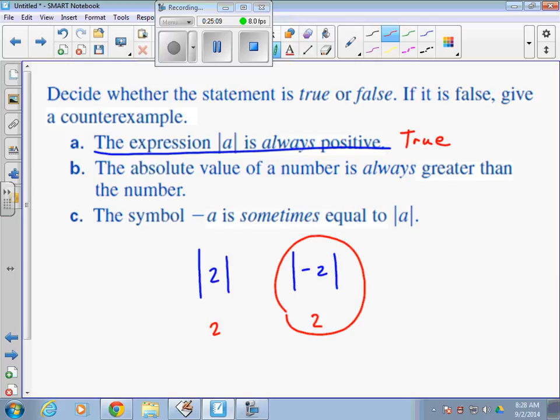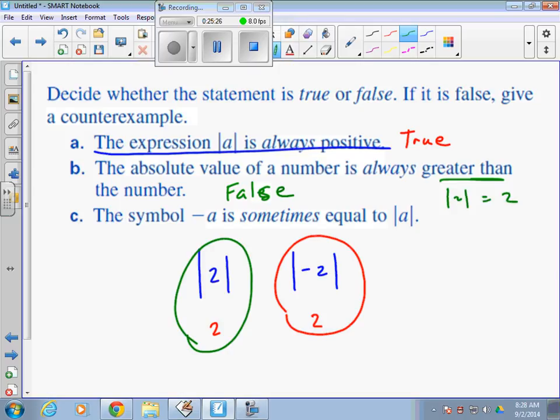So it would be true for the one I have circled. But when you look at this other one over here, the absolute value of 2 is 2. It's the same. It's not greater than. So that one would be false, and that would be the example. What about positive 2? That's 2. So it's not greater than, it's the same.